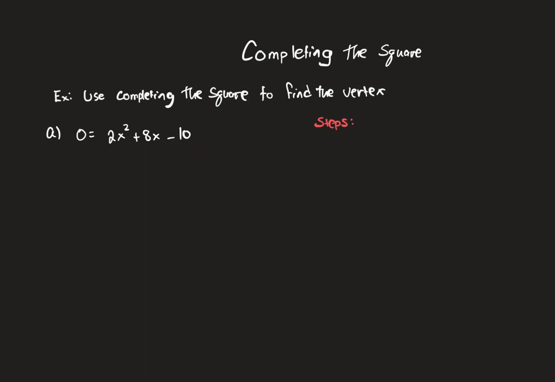So the very first step that you want to do is factor out your a term. This is our a term, and you only want to factor it out from the first two terms. So you want to factor a from the first two terms only.